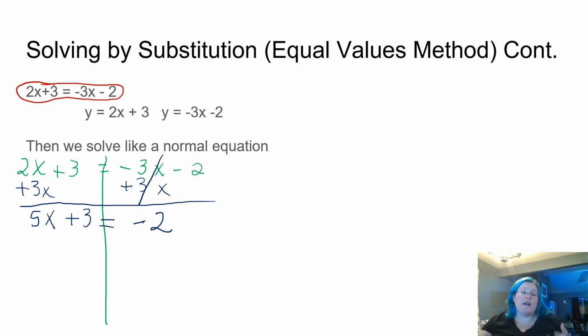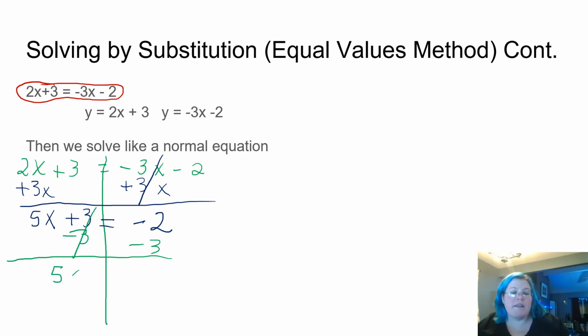Now I need to work on isolating that variable. So the first thing I need to do is get rid of this plus 3. So I am going to subtract 3 from both sides. I'm going to use my inverse operations. So 5x remains on the left, and negative 2 minus 3 is negative 5.